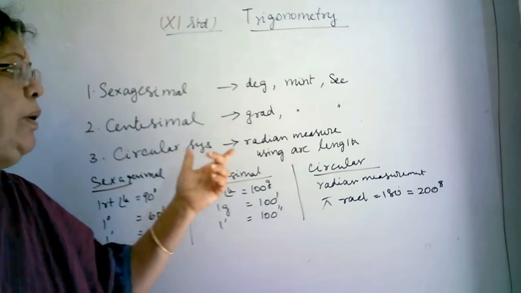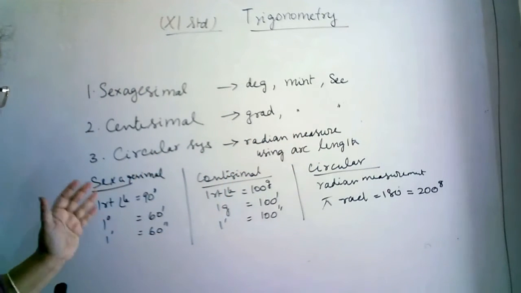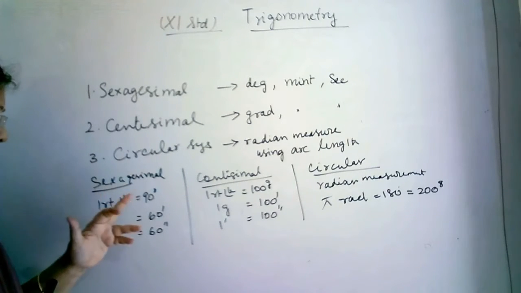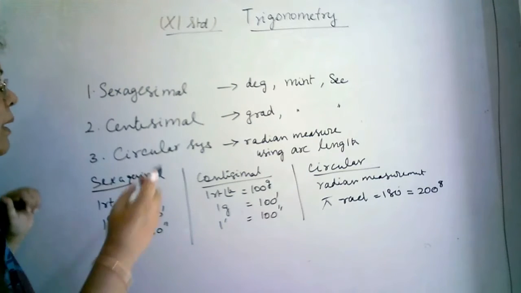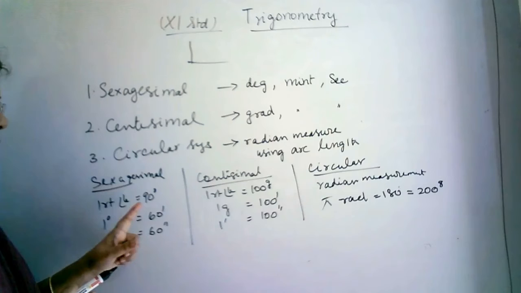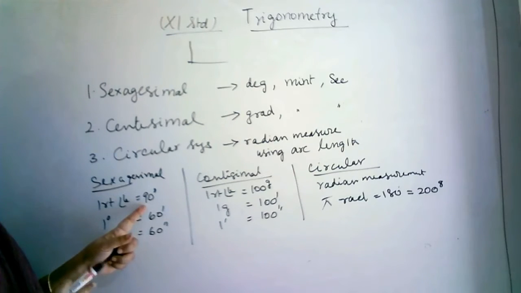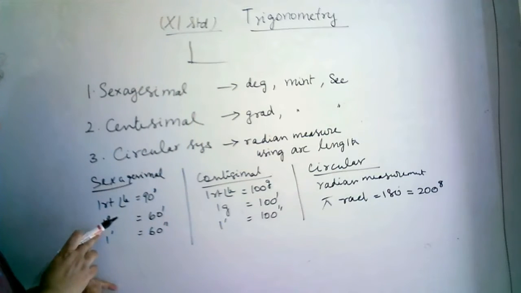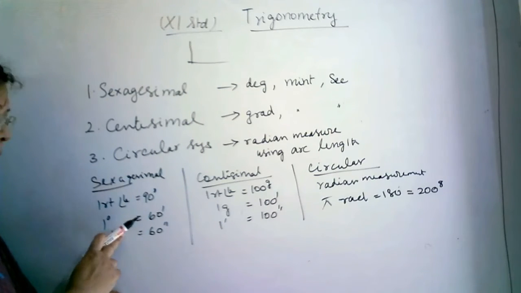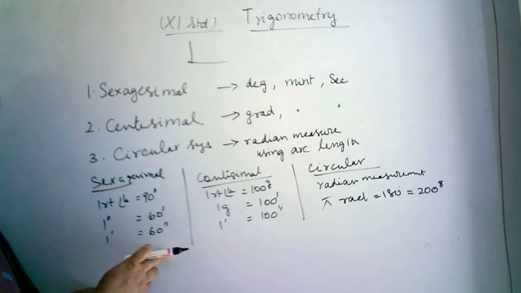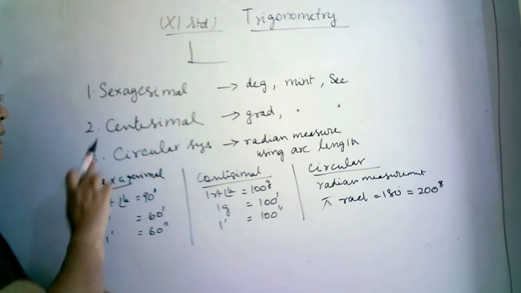For the circular system, you use radian measurement. In the sexagesimal system, one right angle is divided into 90 units, and each one is known as a degree. So this total is 90 degrees, and 1 degree is equal to 60 minutes, and 1 minute is equal to 60 seconds.